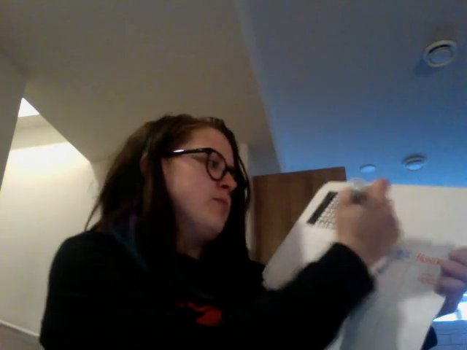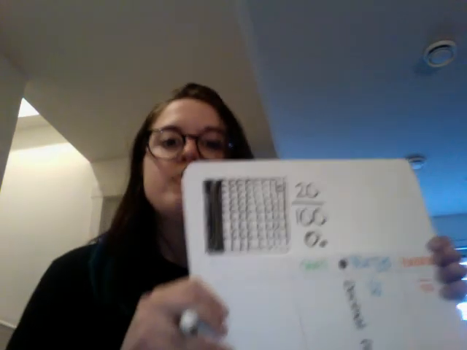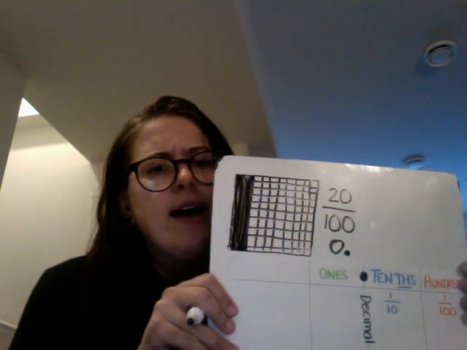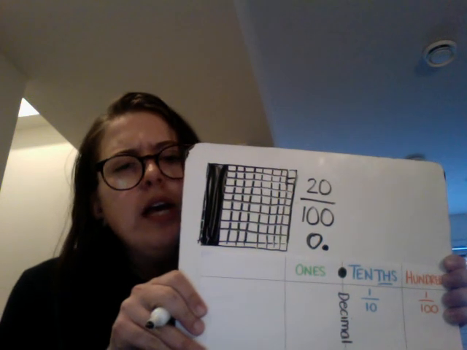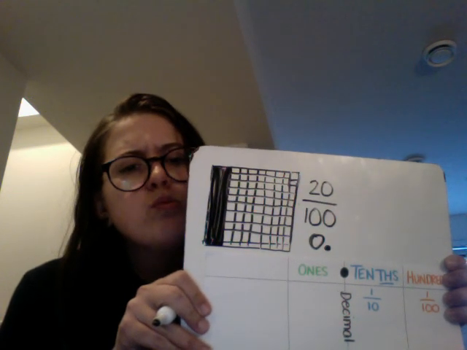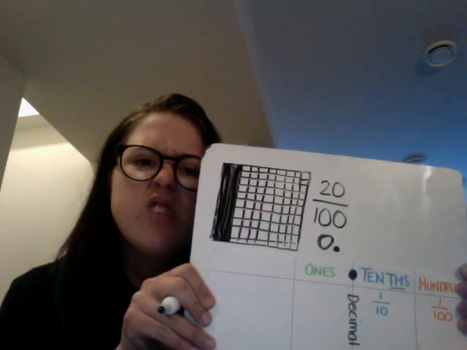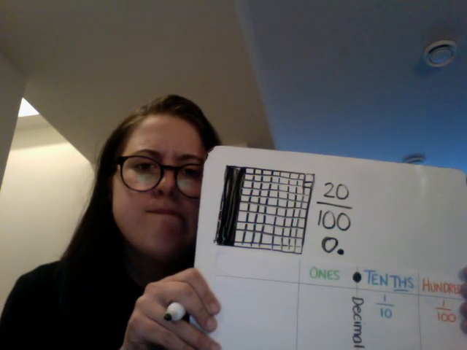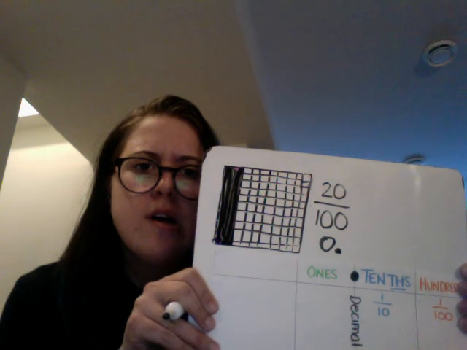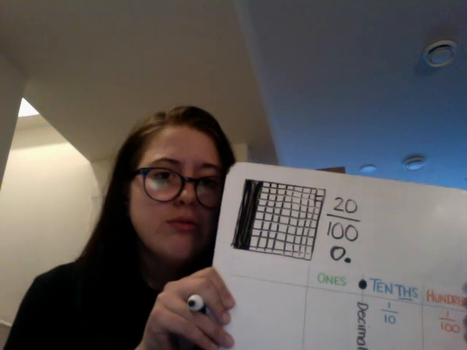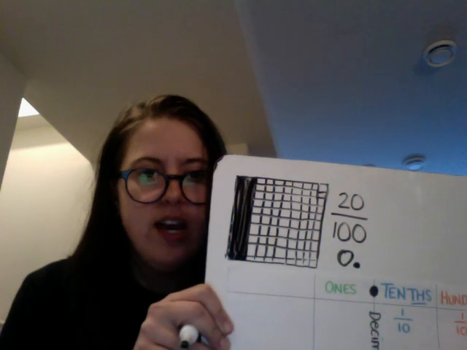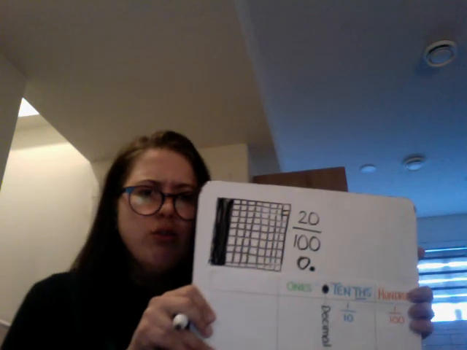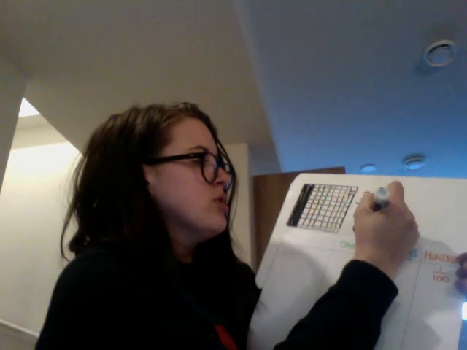Then I'm going to put my decimal, because I know my decimal comes directly after my ones place. Then I'm going to ask, do I have any tenths? Do I have any groups of 10? I do. I have 2 groups of 10. 2 groups of 10 equals 20, right? So 20 over 100 could be written like that.